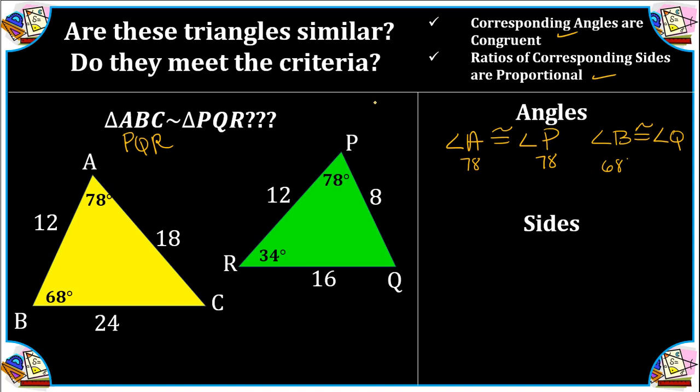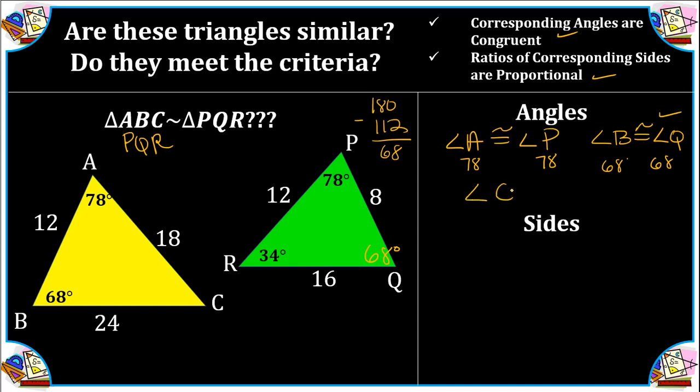So the way we can figure that out, we know that a triangle is 180 degrees. So we're going to have 180, and we're going to subtract the total of 78 and 34. So 78 and 34 gives us 112. And then we subtract that from 180 and we get 68. So this is 68. That is true.